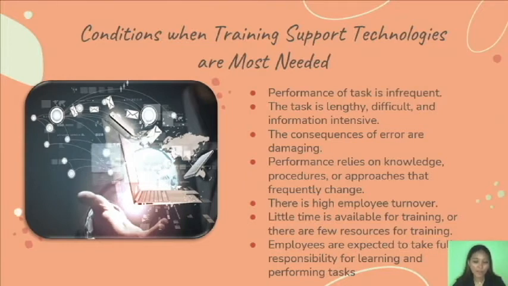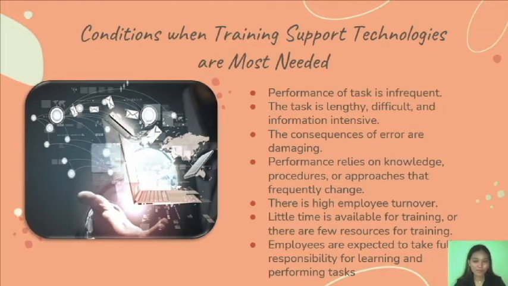Fourth, the performance relies on knowledge, procedures, or approaches that frequently change. Next, there is high employee turnover. Next, little time is available for training or there are few resources for training. And lastly, employees are expected to take full responsibility for learning and performing tasks. So these are guides for a company to know that they are already in need of training support technologies.